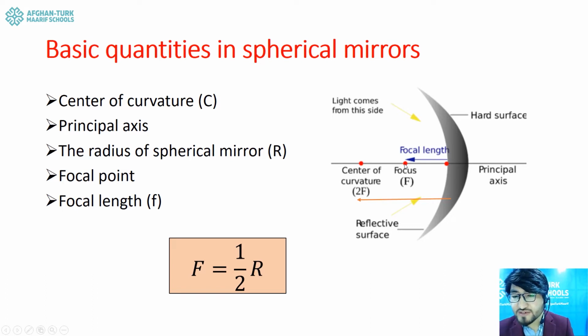This focus is a point that converges the incident rays after reflecting. And 5, focal length. The distance between the pole and the focus is called the focal length. Also remember the relation between focal length and radius: focal length is equal to 1/2 times r.